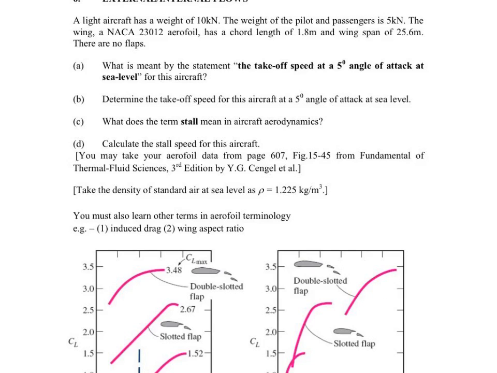Now let's look at the third part. Calculate the stall speed of the aircraft. Now, some of you have spoken to me concerning the next point here. Are we supposed to bring the entire printed book into the exam? Now, this question might have been taken from previous years where there's no electronic book available.